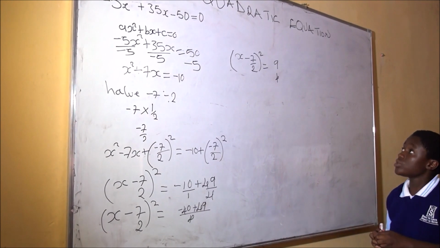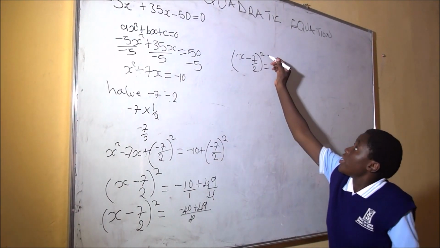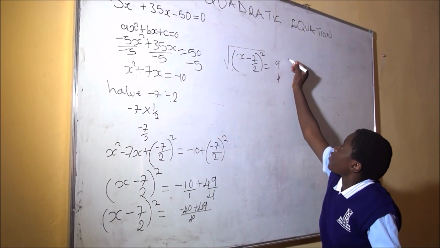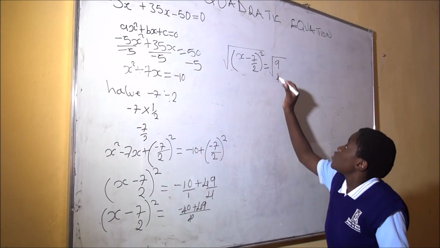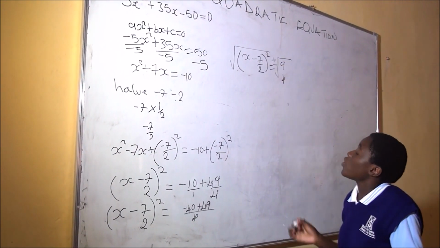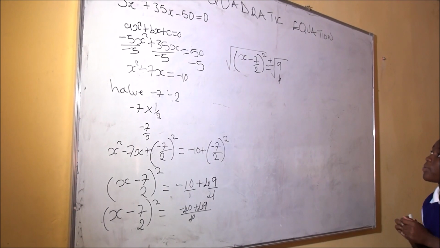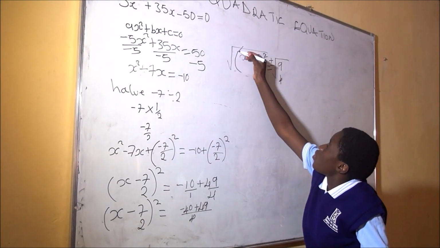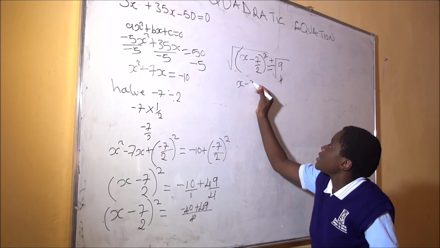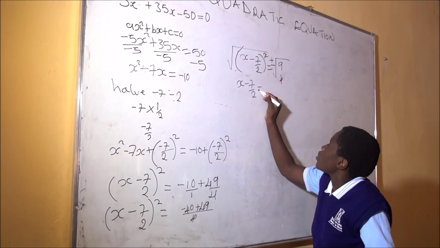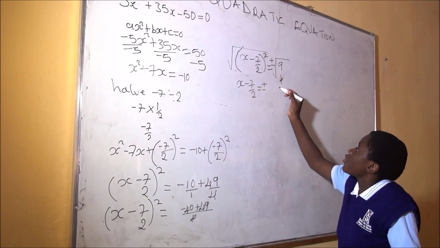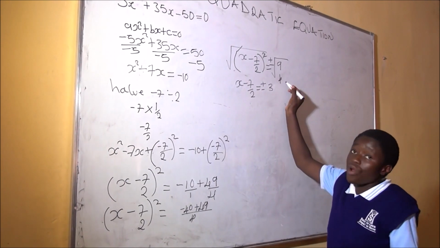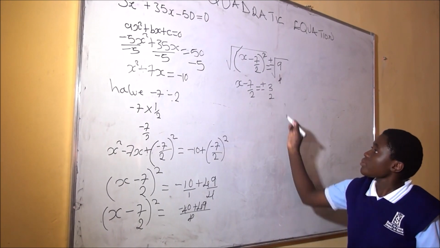Then here we're going to introduce the square root of 9 over 4. Don't forget to put the plus or minus, because the answer can either be positive or negative. So the square root and the square will cancel. Then x minus 7 over 2 is equal to plus or minus the square root of 9, which is 3, and the square root of 4, which is 2.